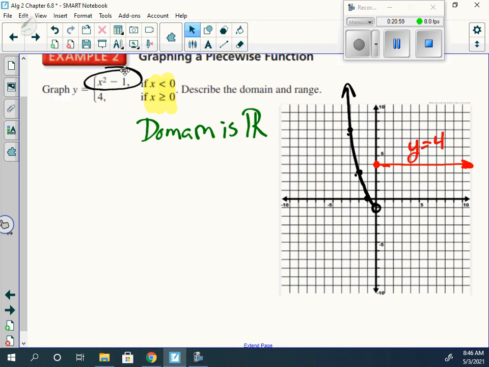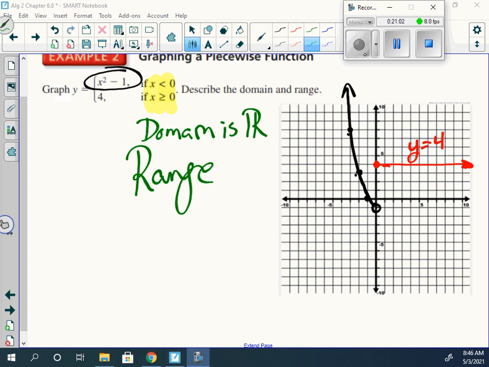Now the range. When we're looking at the range, we're really looking at the y values, the values that come out of the function going up and down. What is the smallest y value that shows up on this graph? Well, it's down here. Negative 1 is the smallest value that shows up, isn't it? Is it included?